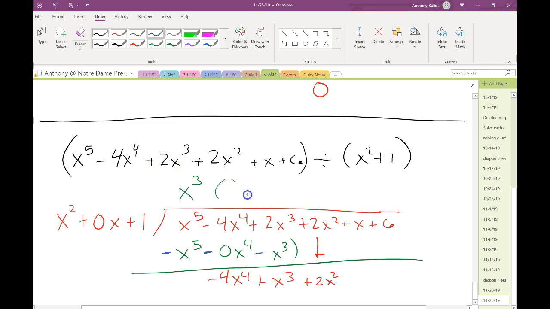So next step, what times x squared gives me negative 4x to the fourth? Negative 4x squared. Everybody agree with that? And then I'll multiply that to all the parts of the divisor.